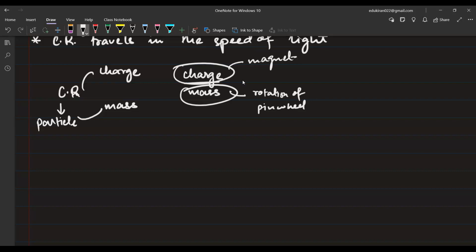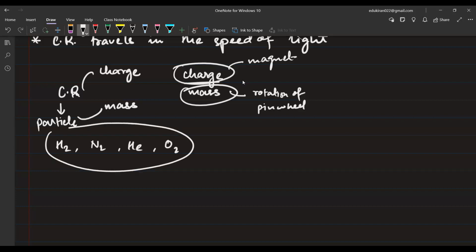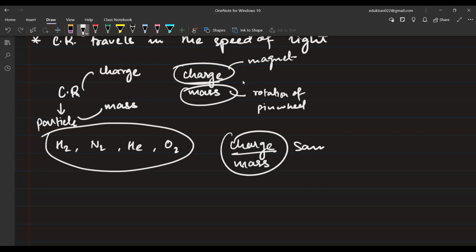Now they started experimenting with different gases, H2, N2, helium, O2. All of these different gases have different masses. But what they saw was, no matter what type of gas they are using, the charge by mass ratio was always the same.